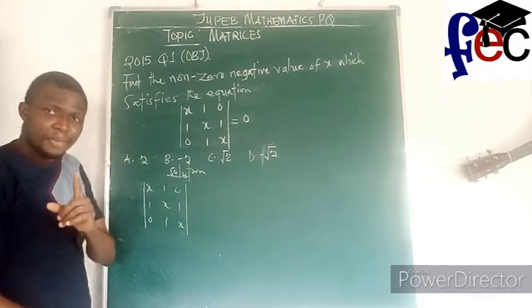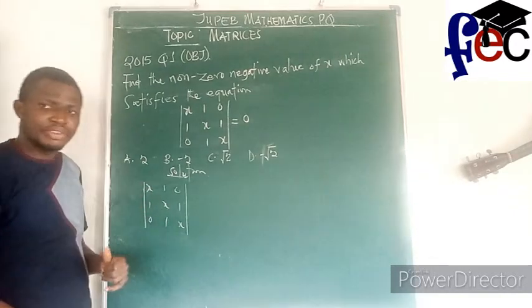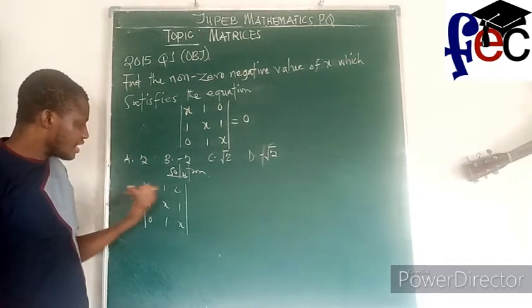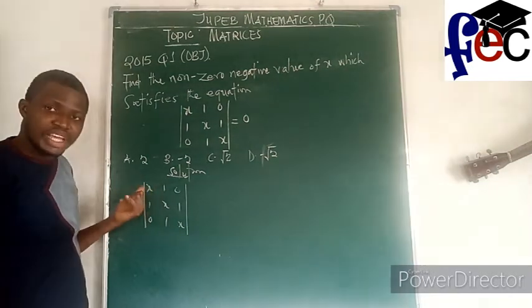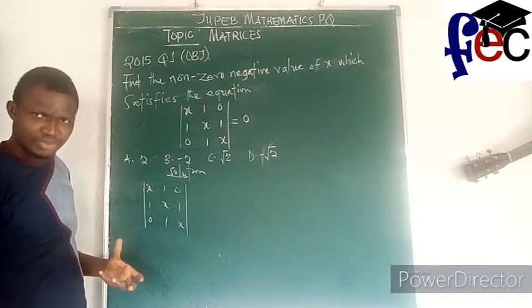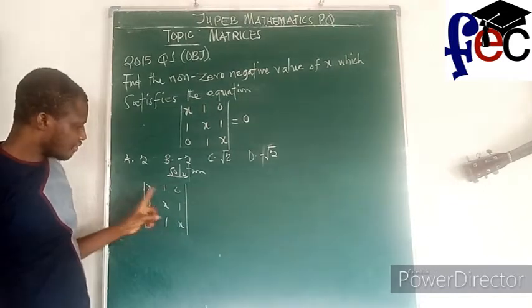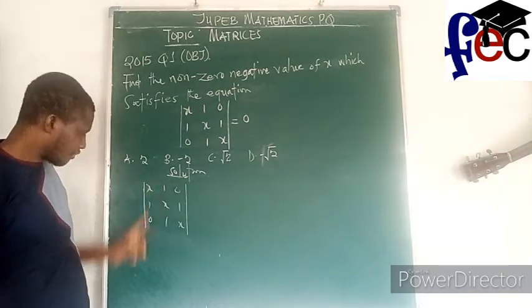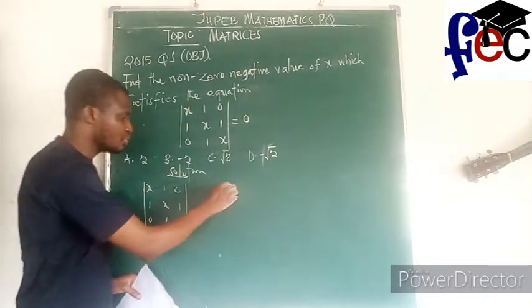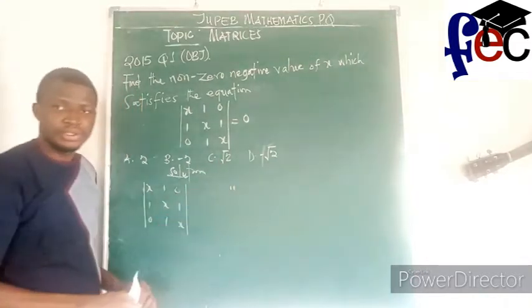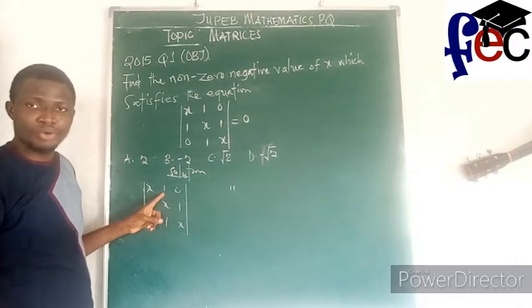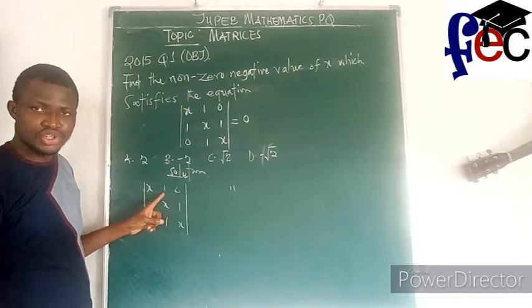But x itself, in the arrangement of this matrix, is occupying the first row and the first column. That position is position 1, 1. 1 is occupying what position?